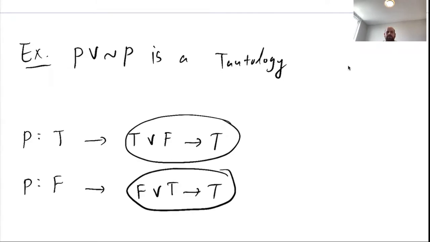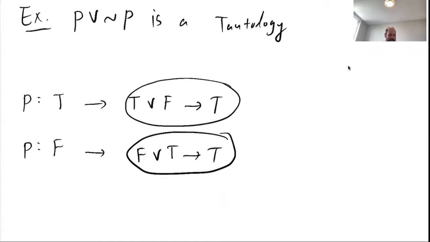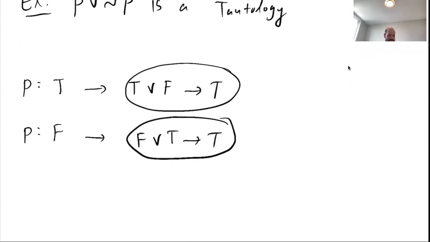So for example, you can think about if P is, it's raining today. Negation P will be it's not raining today. So it's raining today or it's not raining today. So this is always true. So this is a tautology.